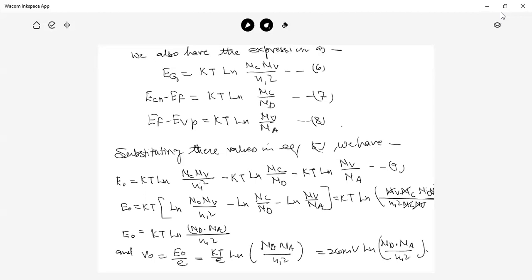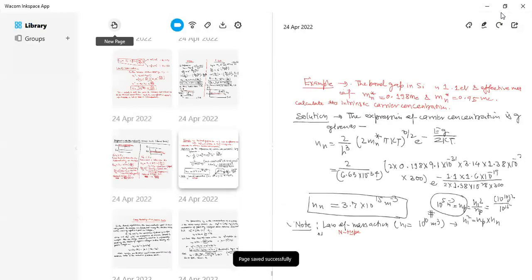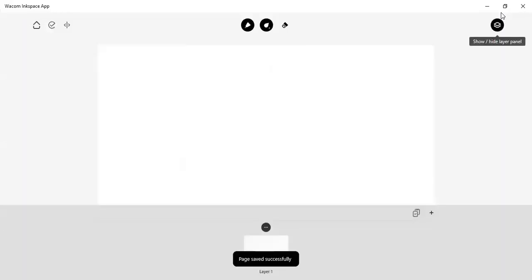So this is the contact potential. This V0 is the contact potential. That potential will be developed across the junction.